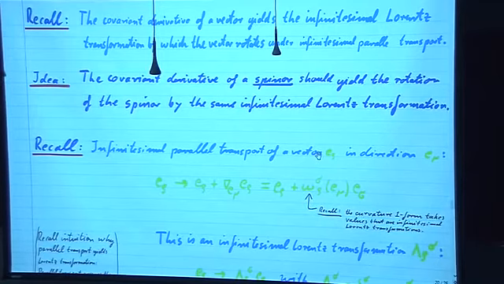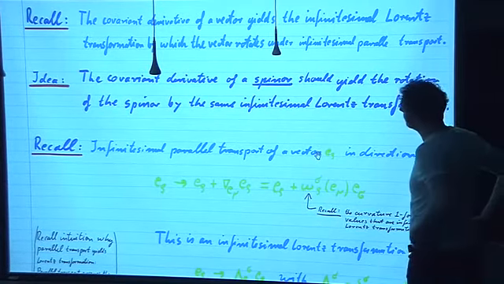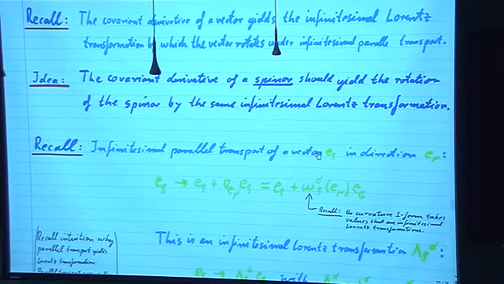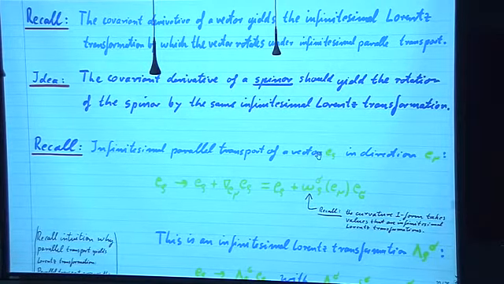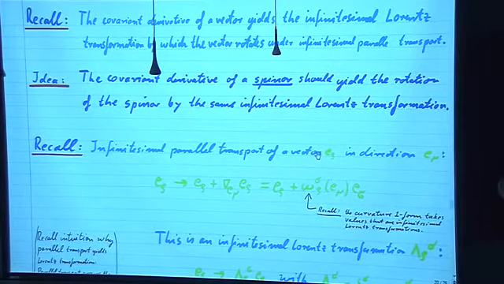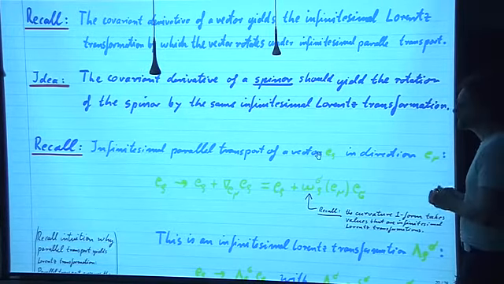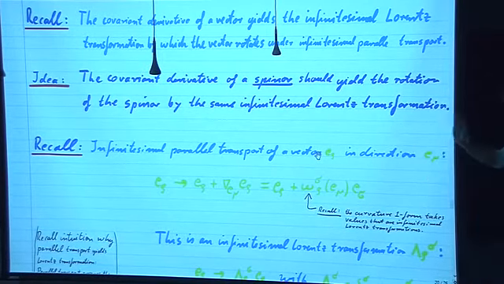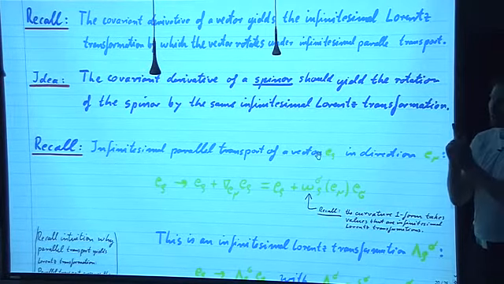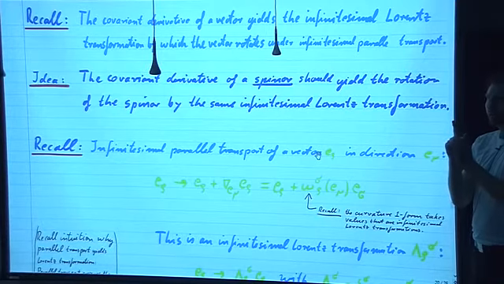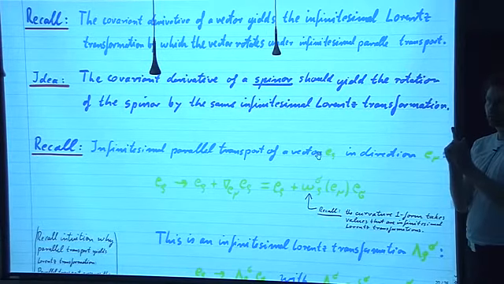Okay, as preparation, let's remember something. The covariant derivative of a vector field gives us the infinitesimal Lorentz transformation by which this vector rotates under parallel transport. Remember that when you parallel transport a vector, you're not going to change its length.